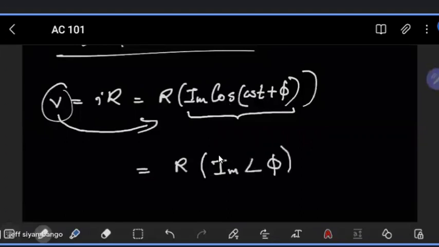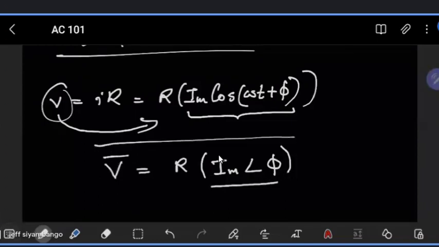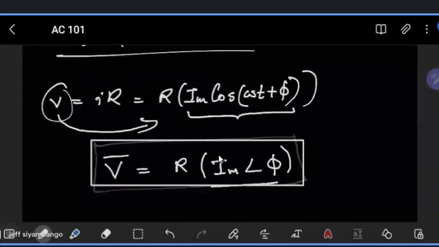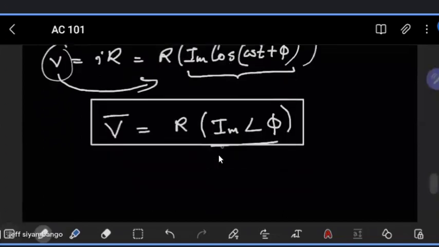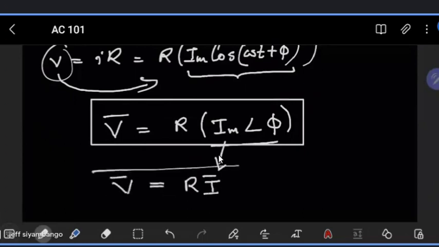Once I do that, I have represented the current in phasor form, and the voltage I have here is no longer the time-varying voltage, but the phasor voltage. This term here is the phasor current I, and this is the resistance.